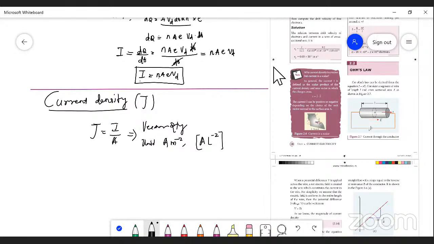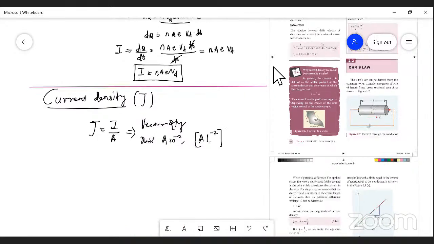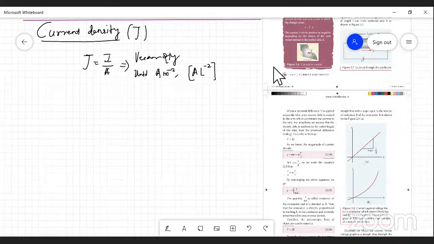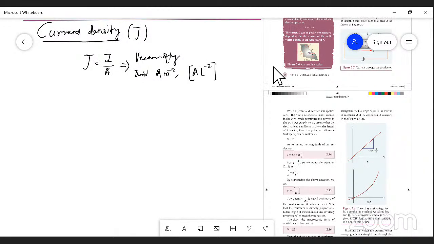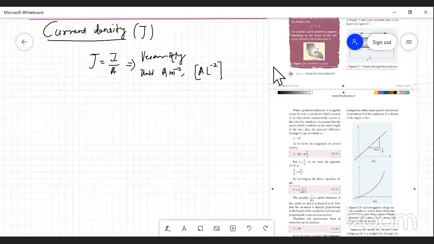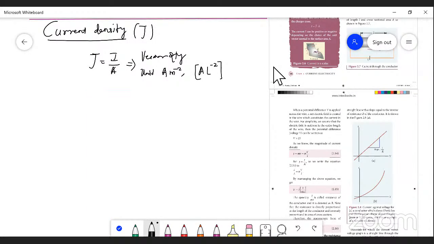What is current density? Current density is defined as the current flowing through a given cross-sectional area of a conductor. J equals I divided by A. We saw the expression for current as I equals nAe vd. Let us say this is expression number 5.